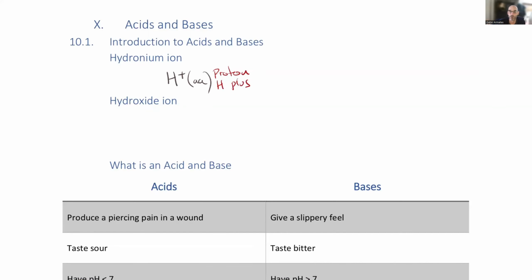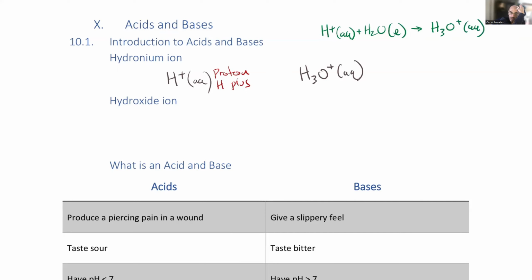that's pretty much it. Hydronium is an H plus added to water. So H3O plus aqueous would count as a hydronium ion, right? We don't use this. This is the more proper way to look at it, but H plus is the shortcut. So H3O plus is basically, okay, I take this H plus aqueous and I combine it together with a water molecule, which is liquid, and that creates H3O plus aqueous.